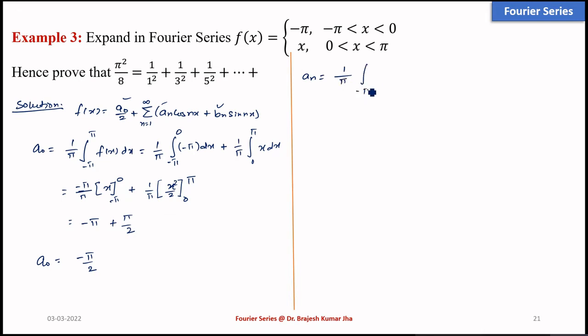an is 1 upon pi, minus pi to plus pi, f(x) cos nx dx. Again, it will be integrated into two parts. 1 upon pi, minus pi to 0, so that it is minus pi cos nx dx, plus 1 upon pi, 0 to pi, and the value of f(x) is x cos nx dx.